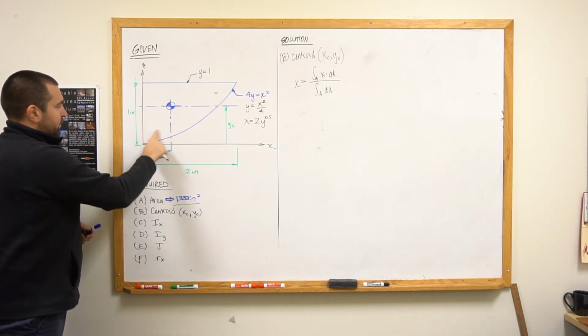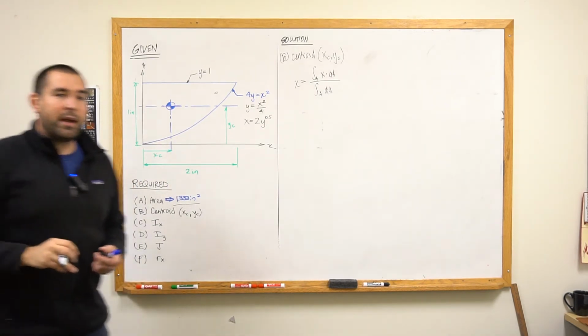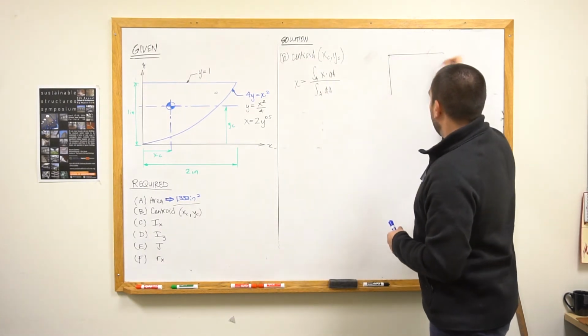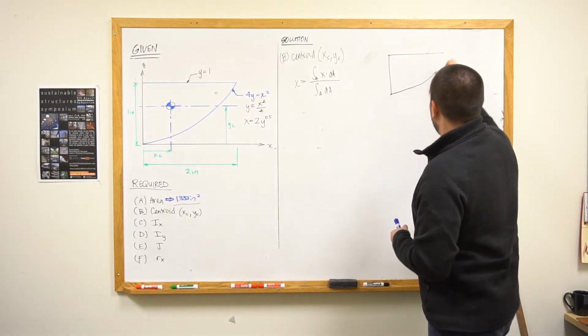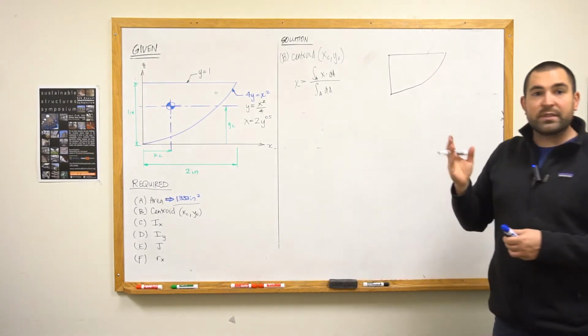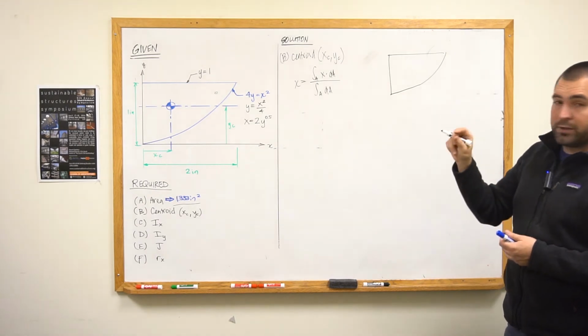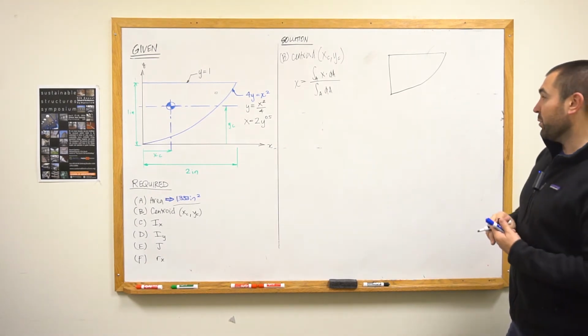So now this weighted average is basically what we're doing. To do that, I need to go back and do a slice. That's the easiest way for us to break down these small differential areas into more manageable chunks.